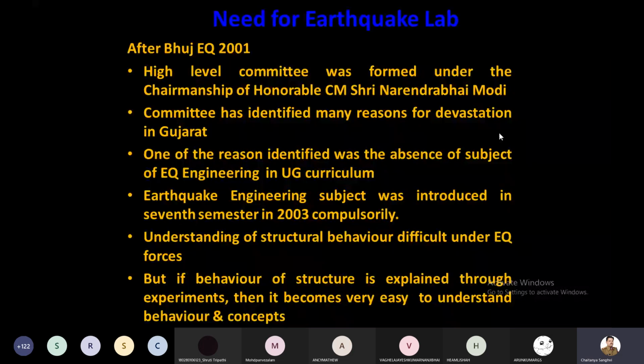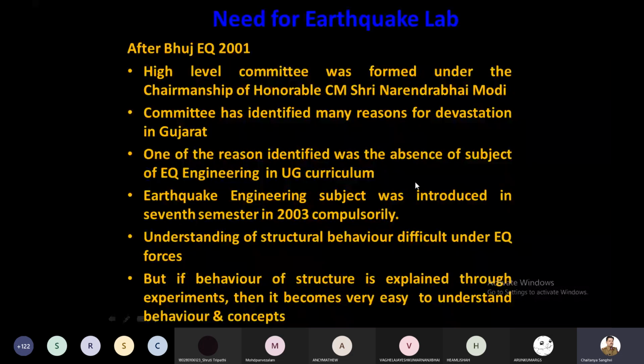The committee identified a number of reasons for the devastation in Gujarat. They listed more than 100 reasons, and one of the reasons identified was the absence of the subject of earthquake engineering in the UG curriculum. The earthquake subject was not in the curriculum of BE Civil. That was one of the reasons they identified.